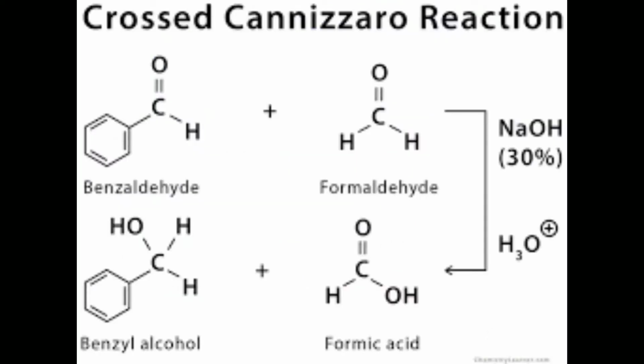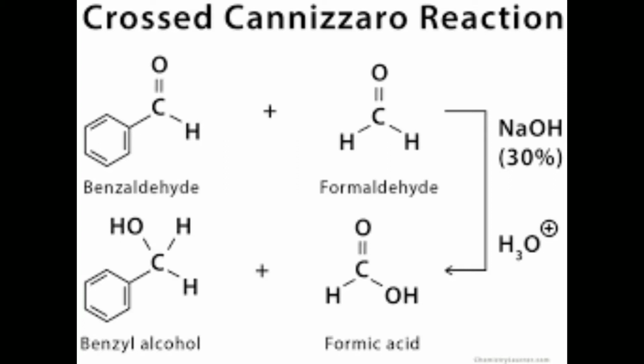The next reaction is the cross Cannizzaro reaction. When a mixture of formaldehyde and non-enolizable aldehydes, which are aldehydes with no alpha hydrogen, is treated with a strong base, formaldehyde is oxidized to formic acid, while the other non-enolizable aldehyde is reduced to alcohol.